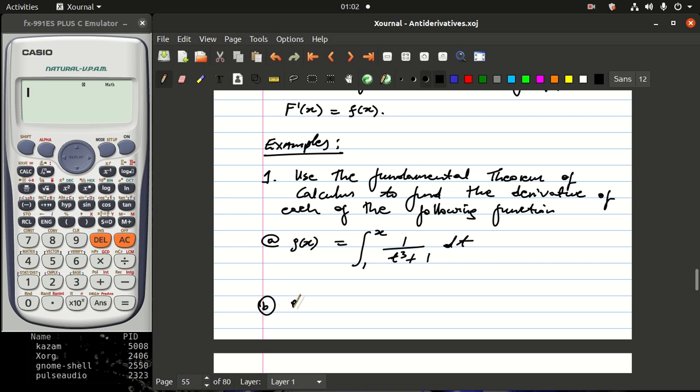B is saying g of x is a definite integral from 3 up to x of the function e raised to t squared minus t, dt there.